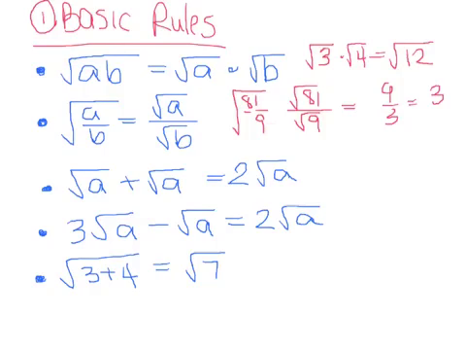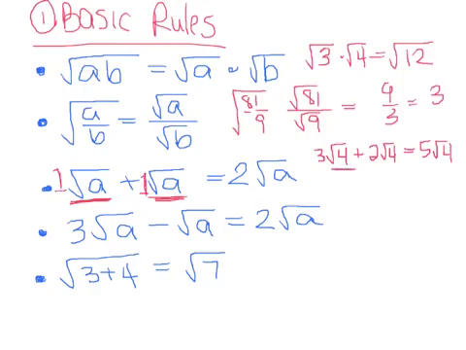Next example, square root of A plus the square root of A equals 2 square roots of A. Example, 3 square roots of 4 plus 2 square roots of 4 equals 5 square roots of 4. In this instance, you almost treat this piece like a variable. If they have the same radicals, then you can add the coefficients, which in this case the coefficient is 1.